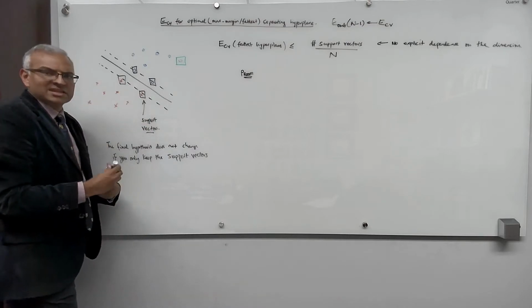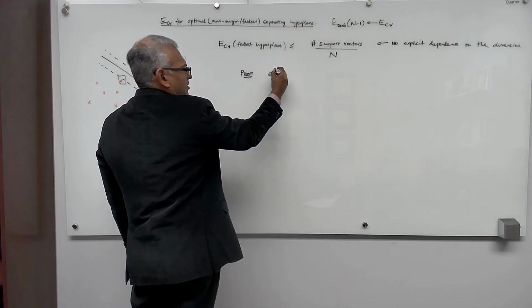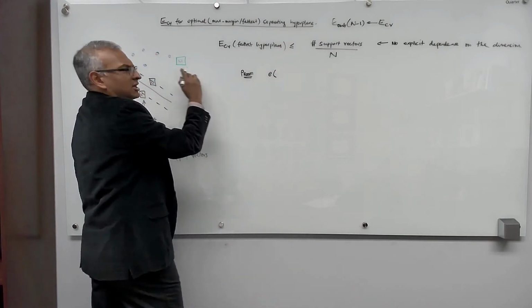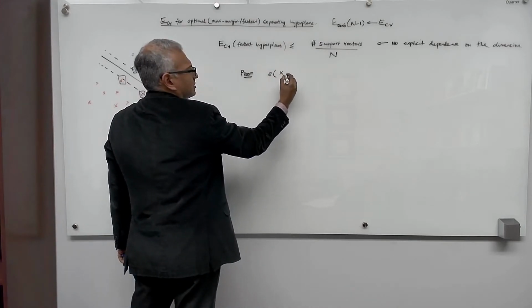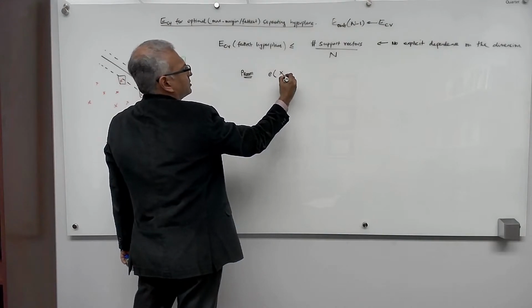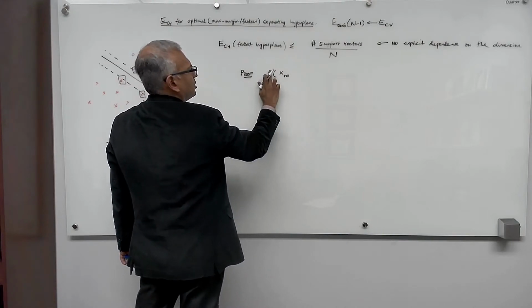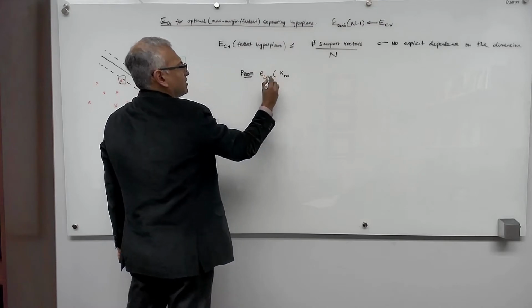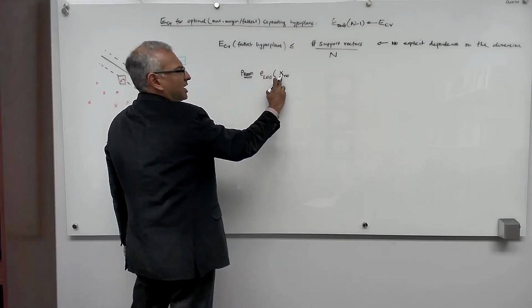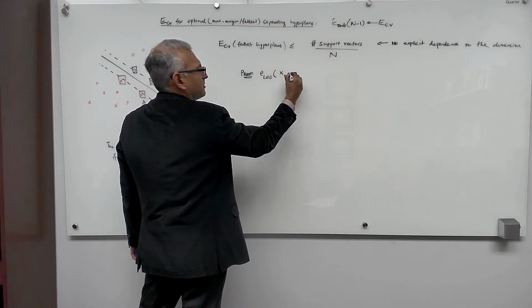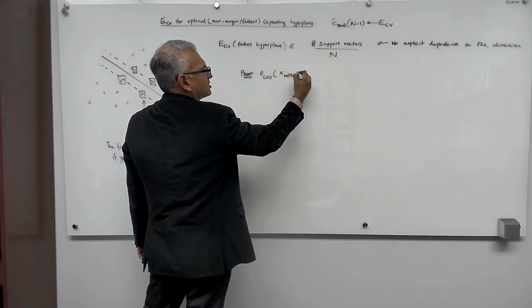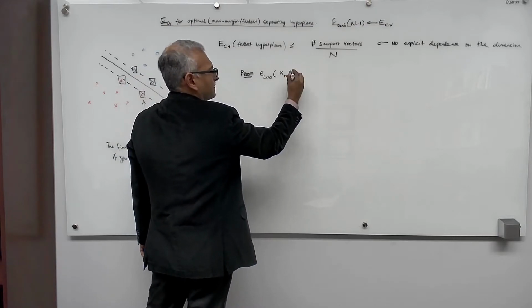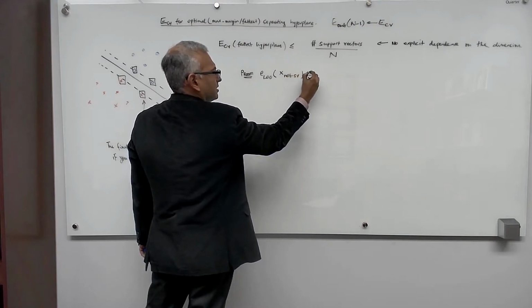So let's summarize that discussion. The error made on a left out data point, X left out, let's call this the leave one out error, because I've left out that data point, on an X that's not a support vector, is 0.